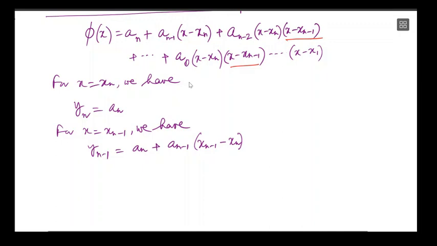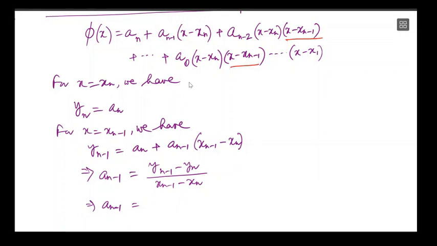We already know the value of an, thus we have an minus 1 equals yn minus 1 minus yn by xn minus 1 minus xn, that is an minus 1 equals, if we multiply the denominator and numerator both by minus 1, yn minus yn minus 1 by xn minus xn minus 1.